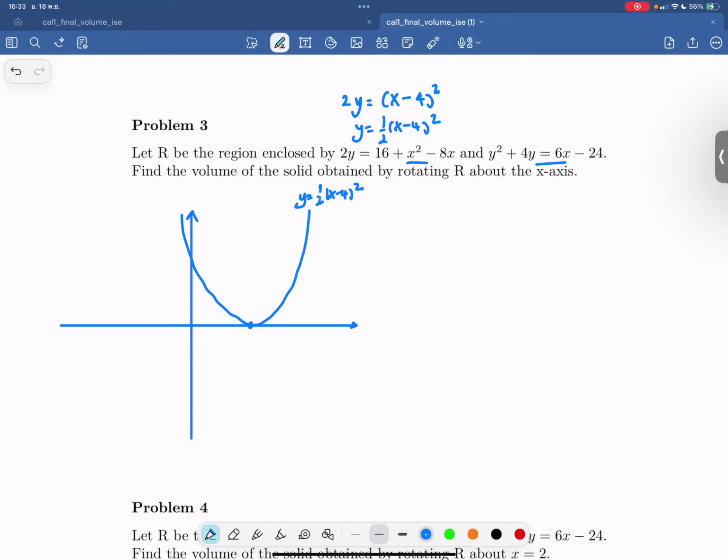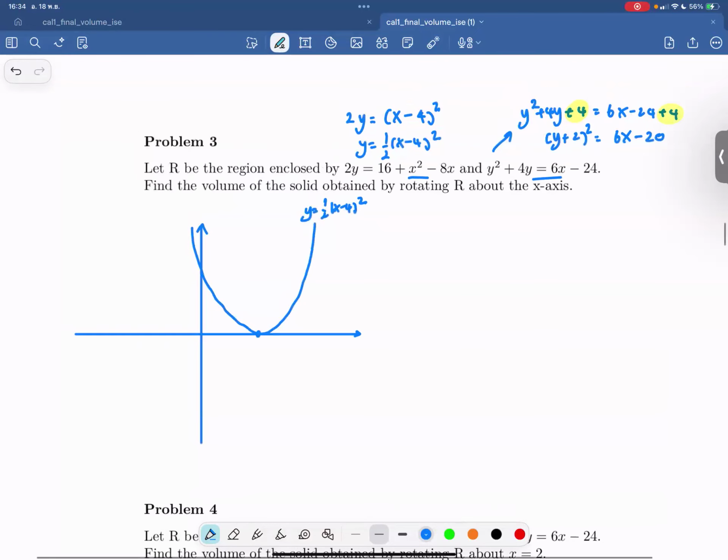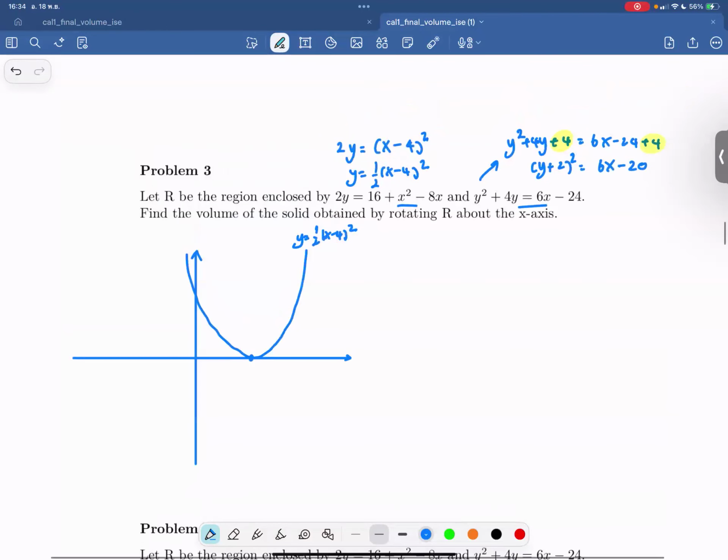And then the next parabola, it should be y squared minus 4y plus 4. Over here, I add plus 4 to both sides of the equation so that I can group it to be the completing square like this. So the parabola is with the vertex.